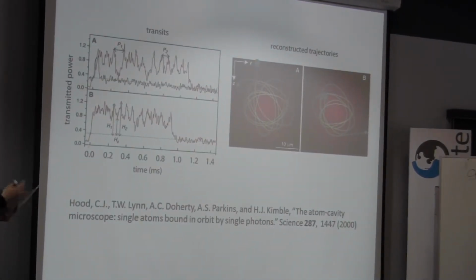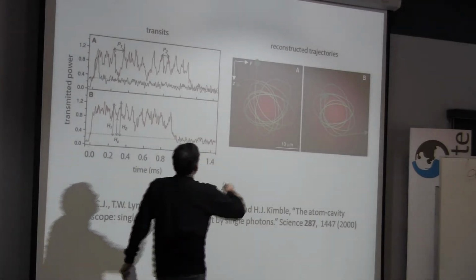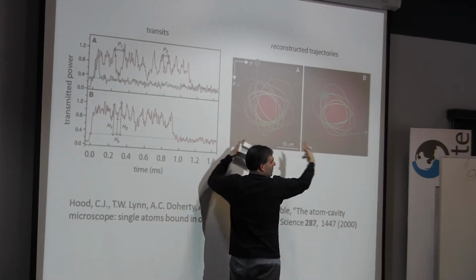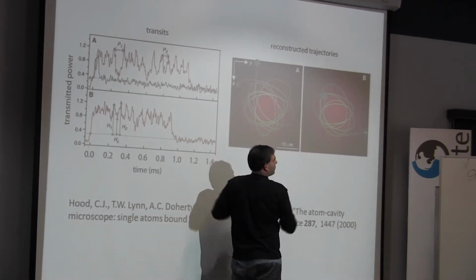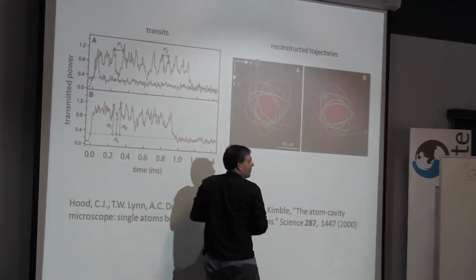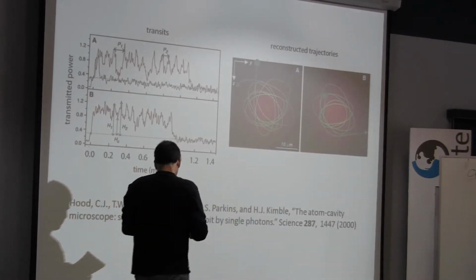That forms an optical trap, and as long as there's light in the cavity, the atoms are attracted to the positions of highest light intensity. So that's why these atoms in this case are sort of orbiting around, because they're being held transversely by the optical dipole force. The light is most intense at the center of the cavity, and it dies off away from the center of the cavity.